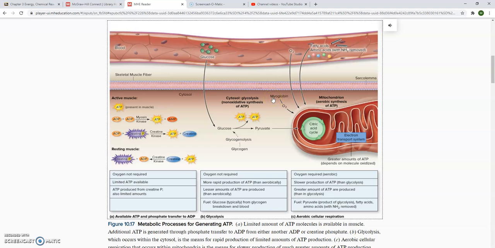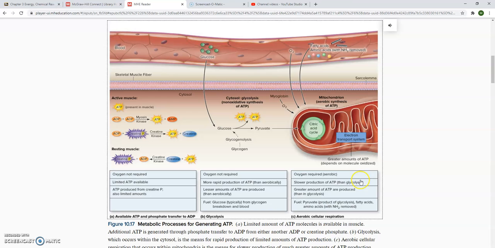Myoglobin is that molecule that binds oxygen, keeps it inside the cell, in case it needs to be used for aerobic cellular respiration. But also the oxygen can come from the bloodstream, because that's the oxygen that comes from the air we breathe into our lungs. It gets into our bloodstream.